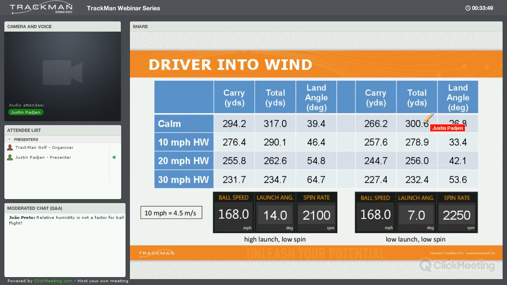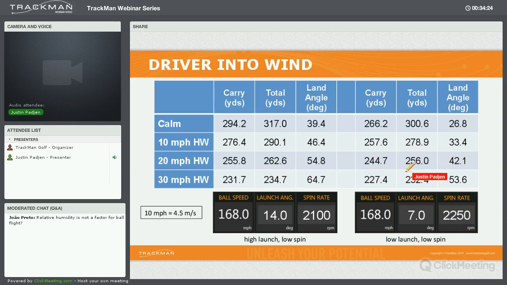It's kind of interesting to look at this chart and see how much headwind there has to be before it should make you really start thinking about changing your trajectory. If we look at total yards here, once we get up to that 20-mile-per-hour constant headwind, total distance with the high launch, low spin shot is going to be about 262 yards. That low launch, low spin, 256. So we're getting pretty close to a break even into that 20-mile-an-hour wind.